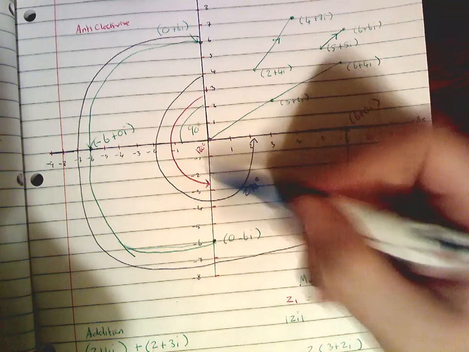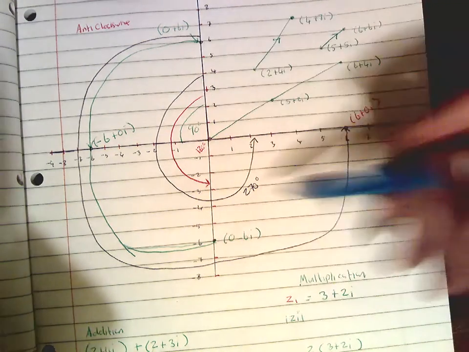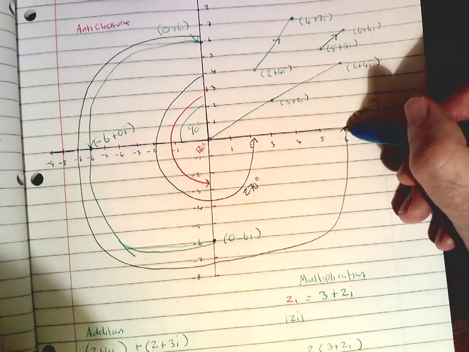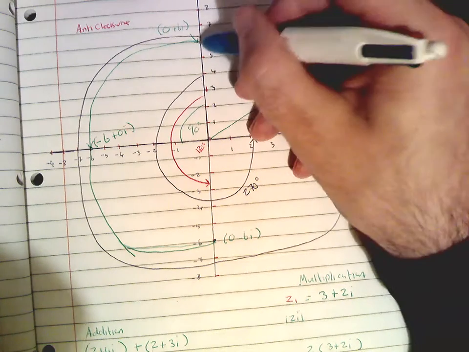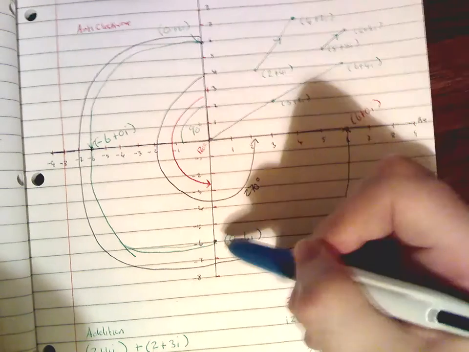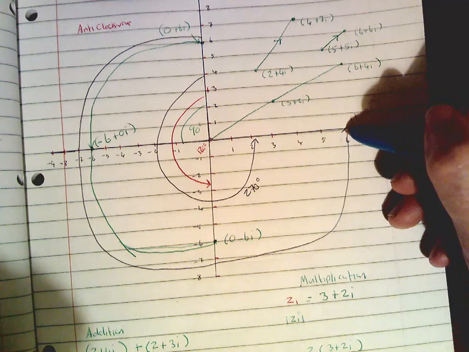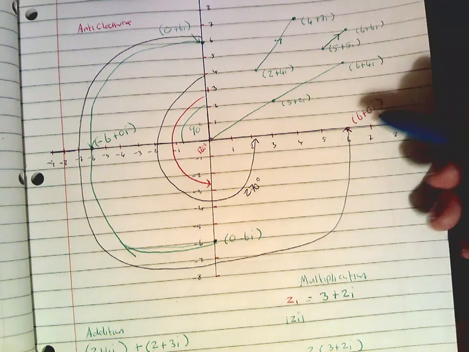And if you multiply by i cubed, it rotates it 270 degrees, and it'll end up here. You can see the position goes from here to here when multiplied by i, from here to here when multiplied by i squared, and from here to over here when multiplied by i cubed.